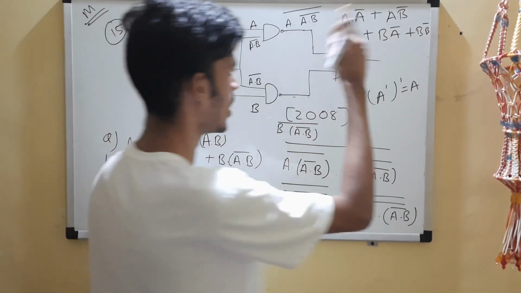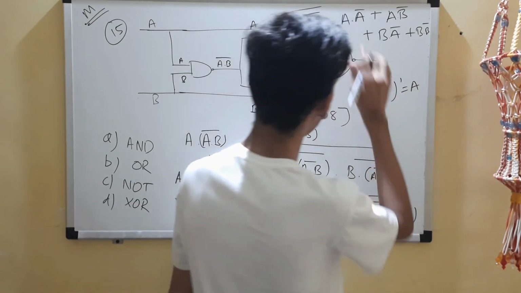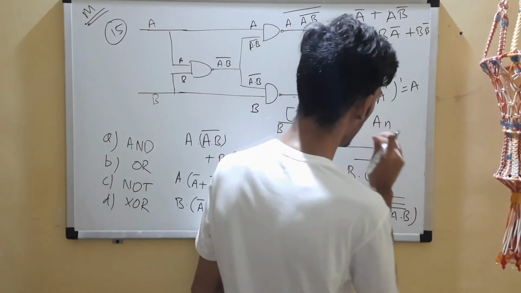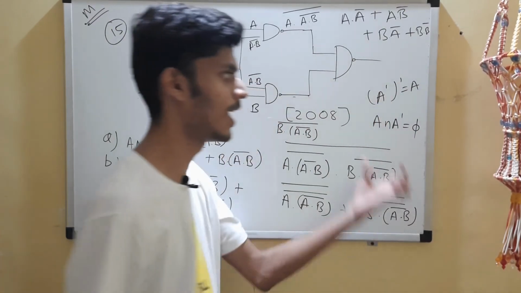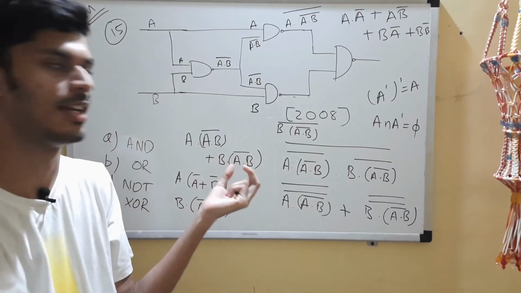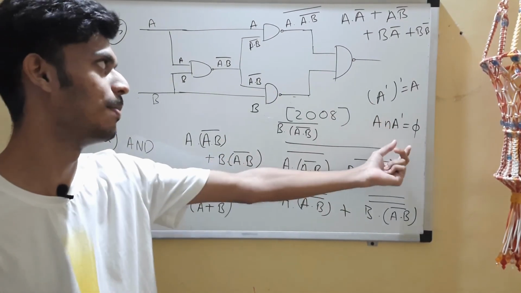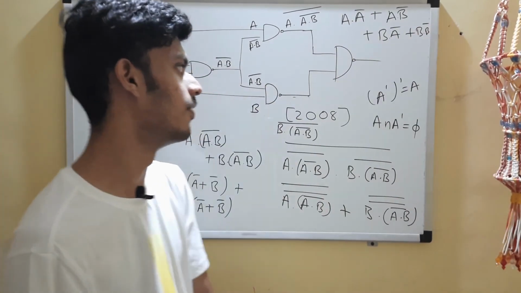Why? Use your set theory over here. In place of dot, you can use intersection. A intersection A dash, of course, will be 0. What is common between set A and not set A? Nothing, right? Empty. So this will be 0, and B into B complement will be 0.